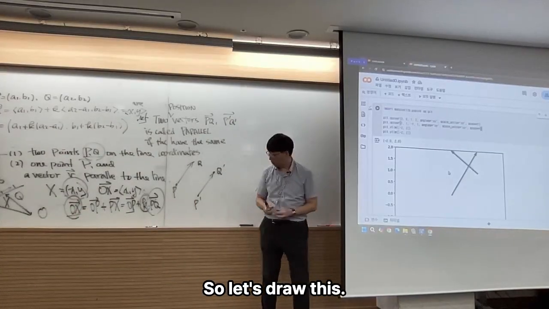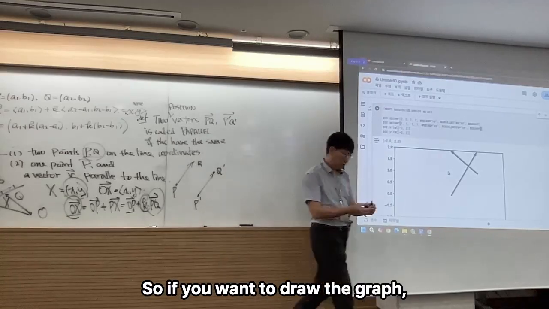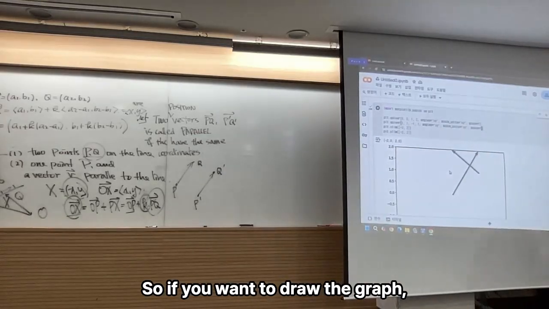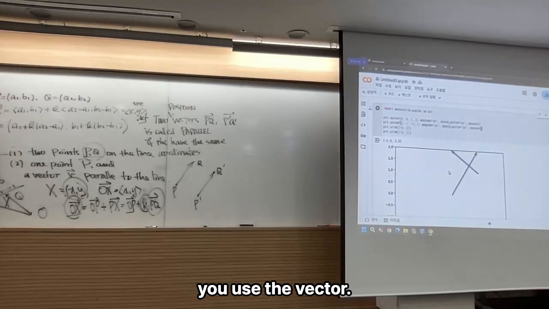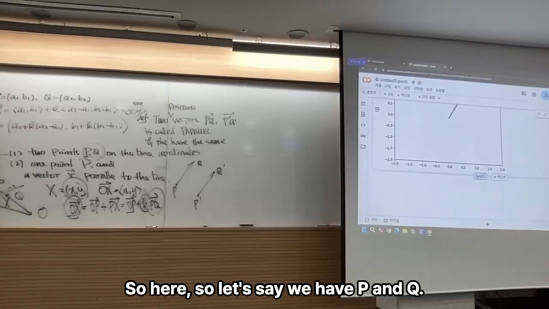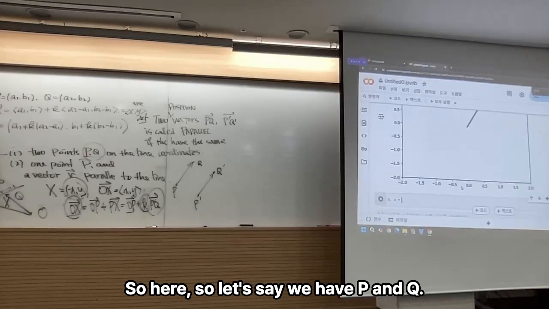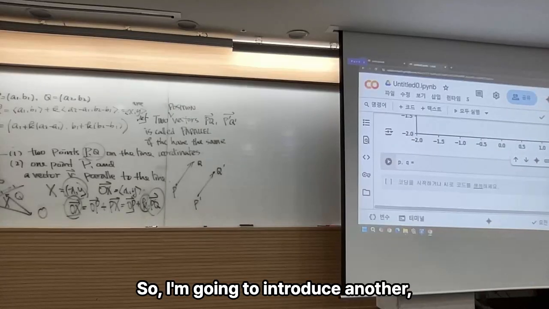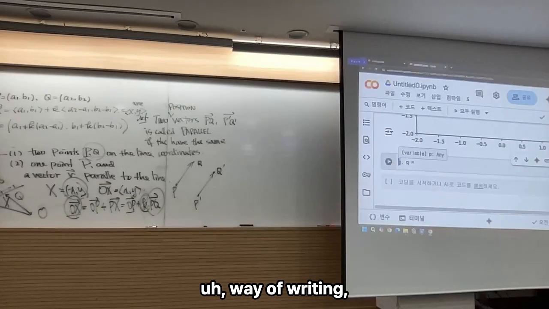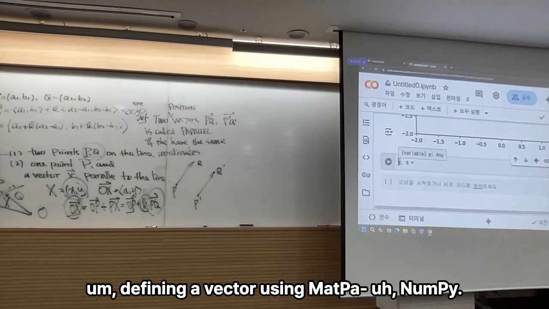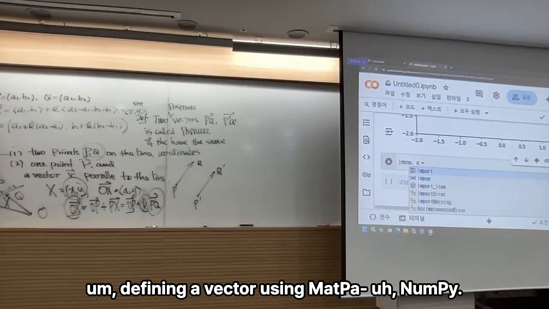So let's draw this. If you want to draw the graph, you use the vector. Let's say we have P and Q. I'm going to introduce another way of defining a vector using NumPy.